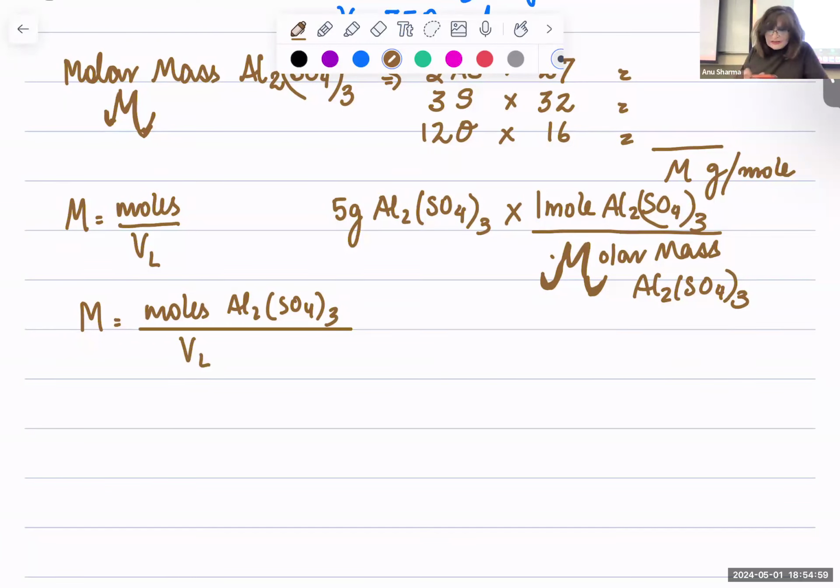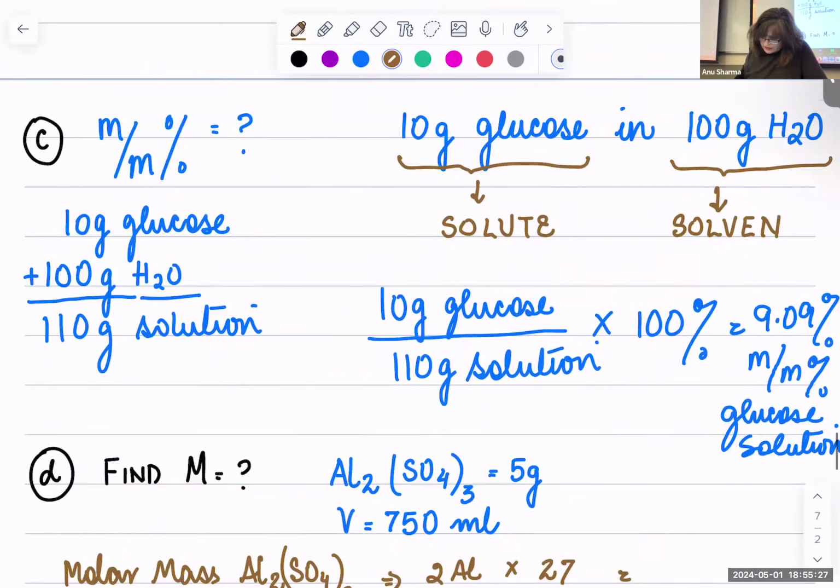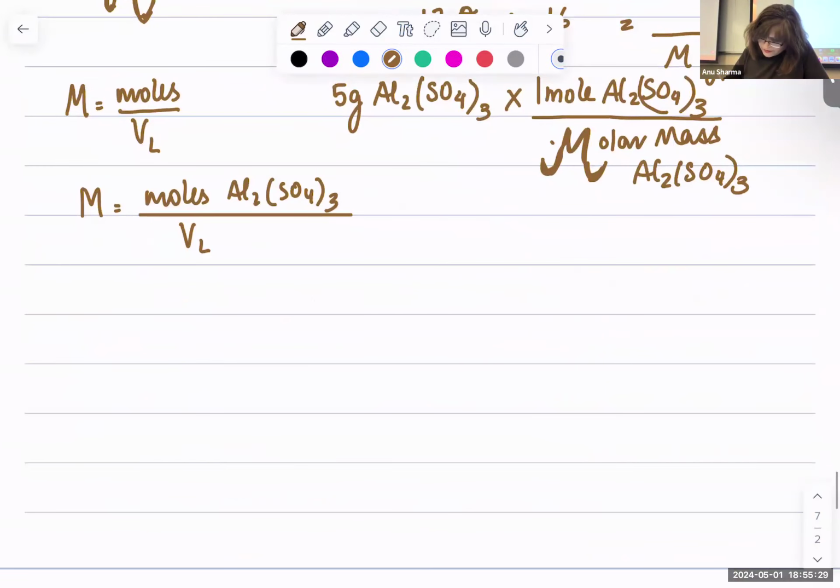Okay, next is to find the molarity. So this we have done.